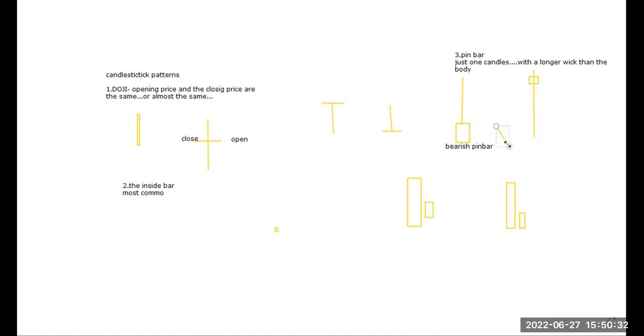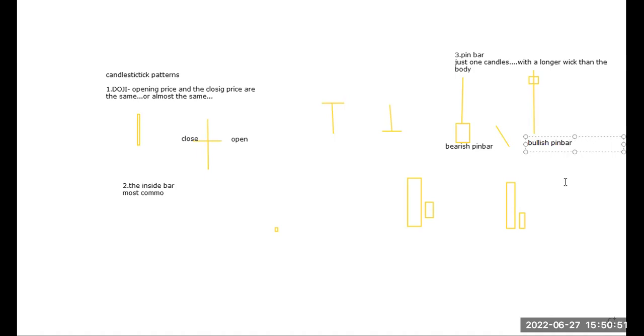So we have a bearish pin bar, and a bullish pin bar.